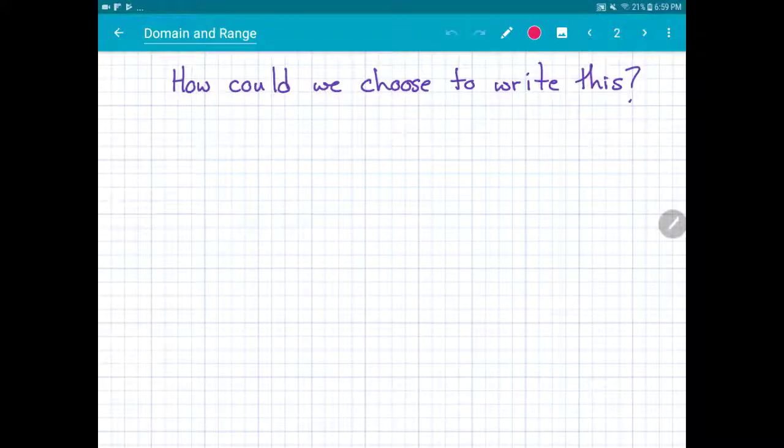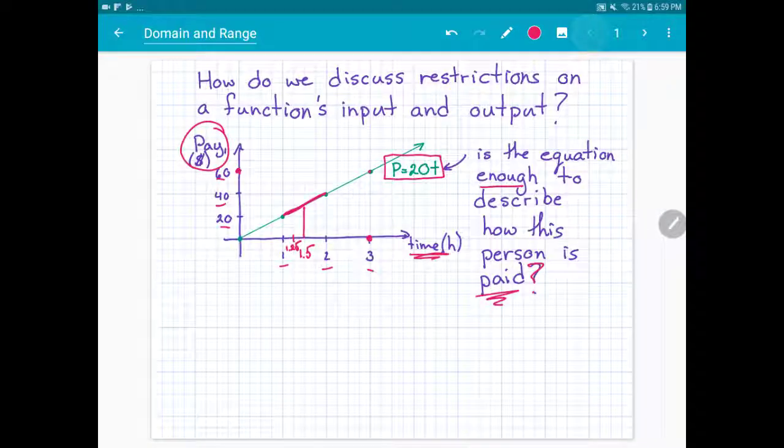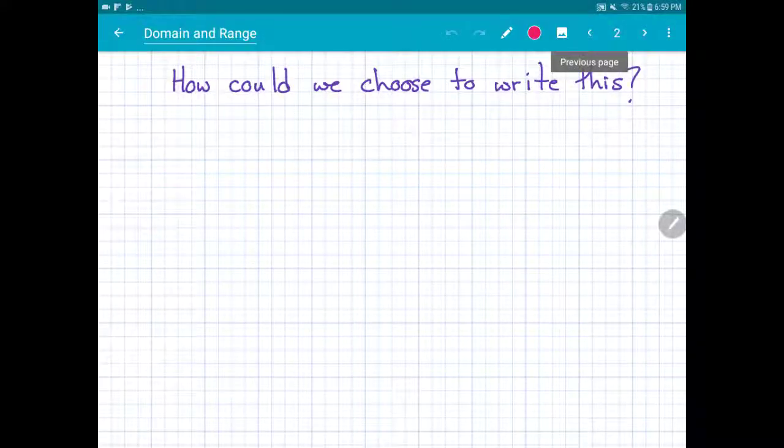So how do we choose to write the information that you can be paid anything in the middle, for example? So what we use is what's called number systems. Number systems describe the gaps in between the numbers and which numbers belong to the set.